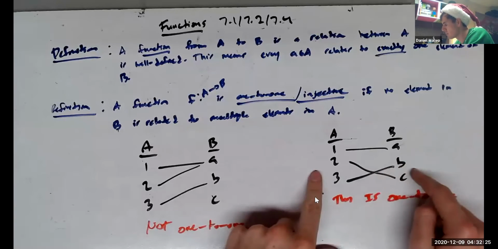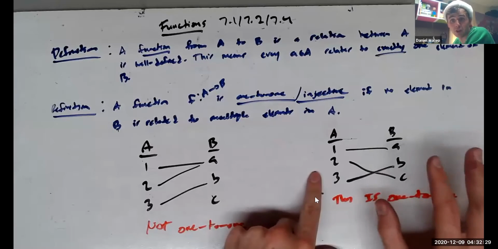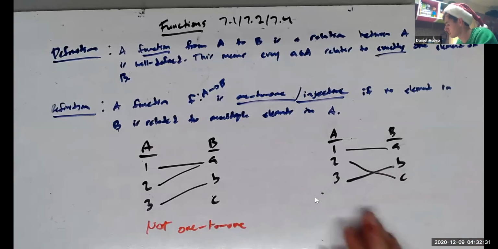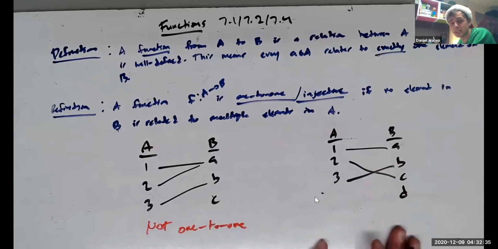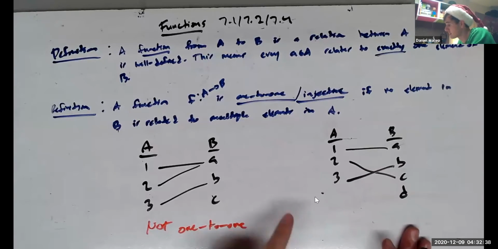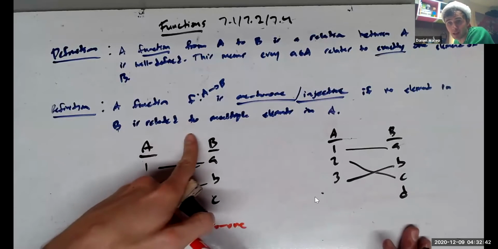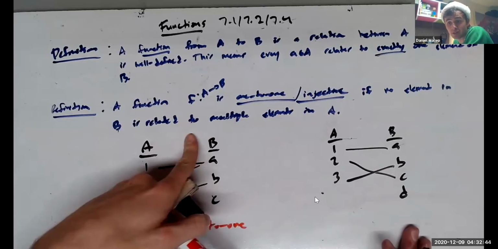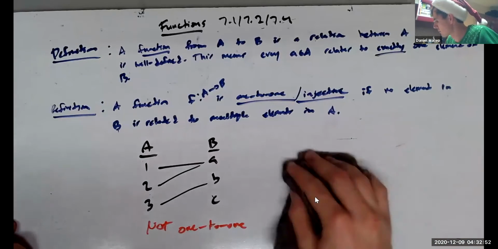Since every element in B goes to exactly one element in A. Or sorry, every element in B goes to one or fewer elements in A. Because if we had a D here, this is still one-to-one. Because B can't be related to multiple elements in A, but it's fine if it's related to one or less. Any questions? Let's do an example real quick.